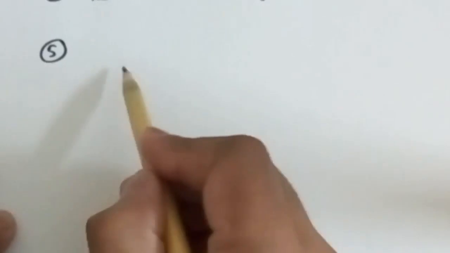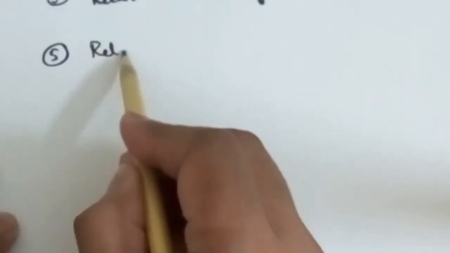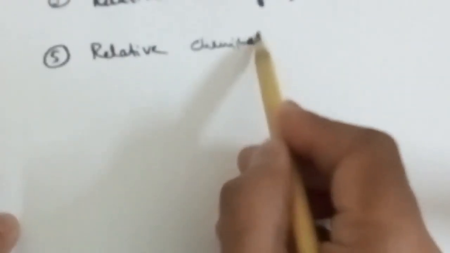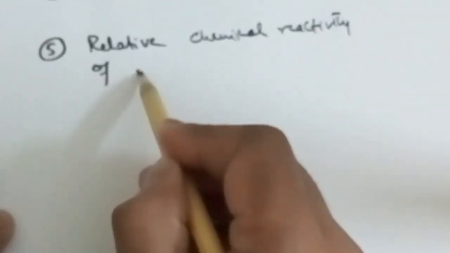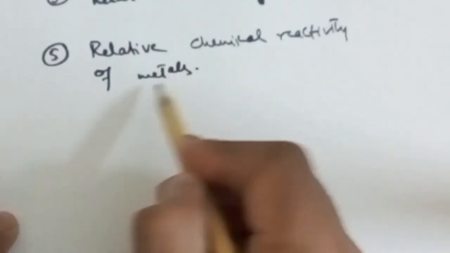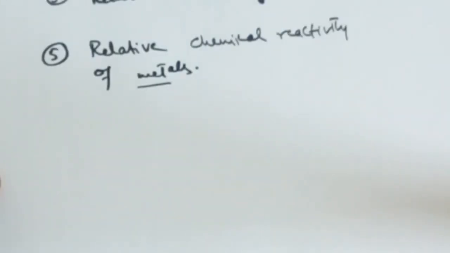Rule number 5 is to find out the relative chemical reactivity of metals. So again, as we have discussed, the elements with low reduction potential and higher oxidation potential. Similarly, the same case is here.